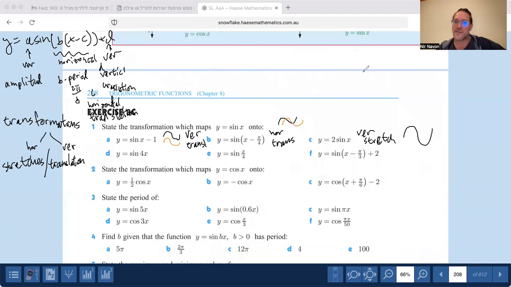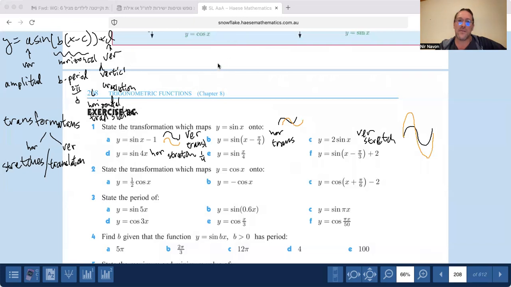So if this is our sine, then that would be, this is inside of the sine. You see it's inside, so that would be a horizontal stretch. And of 1/4.